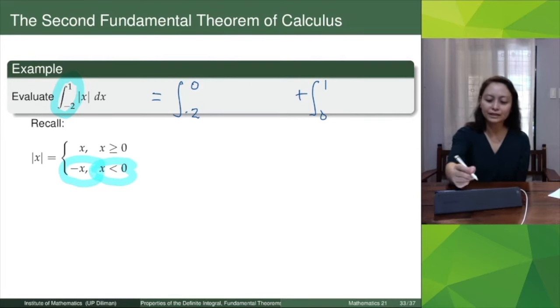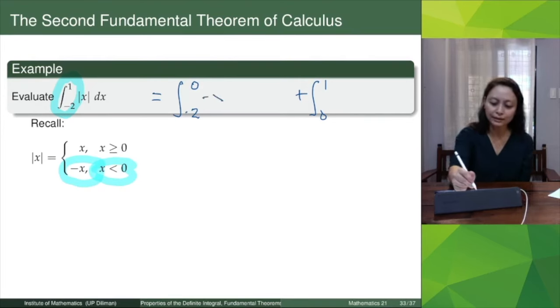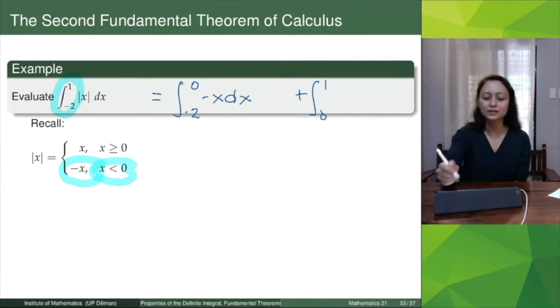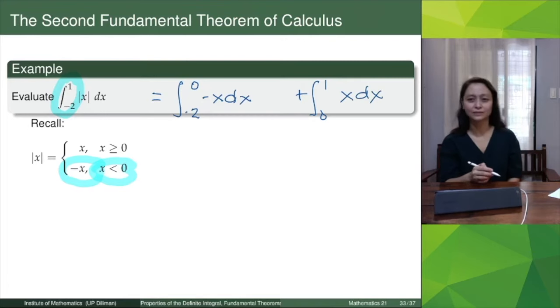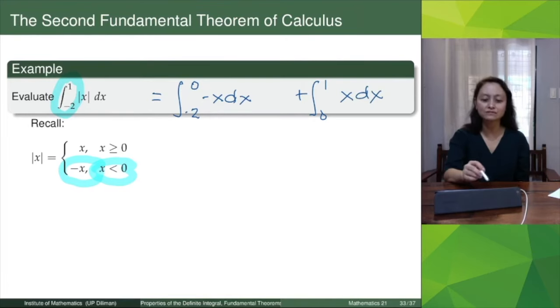So from negative 2 to 0, ang gagamitin natin na piece ng function ay yung negative x. From 0 to 1, yung positive x dx. Yun lang naman yung additional na gagawin pag meron kayong absolute value. Look at the piecewise definition and determine where you need to split the integral.